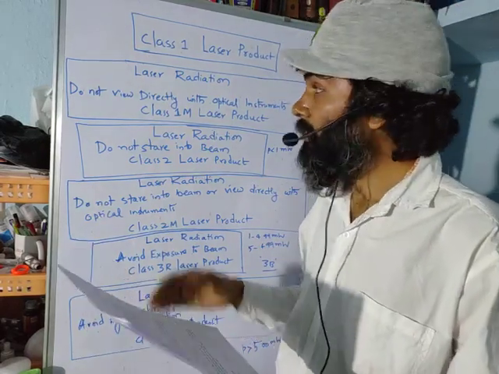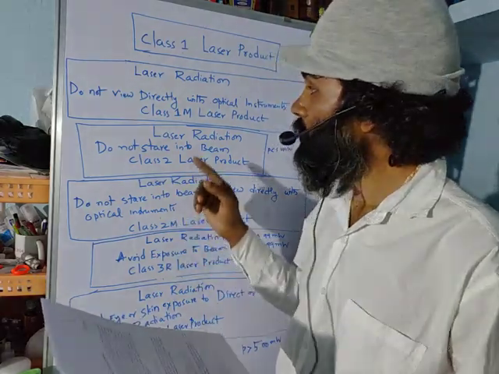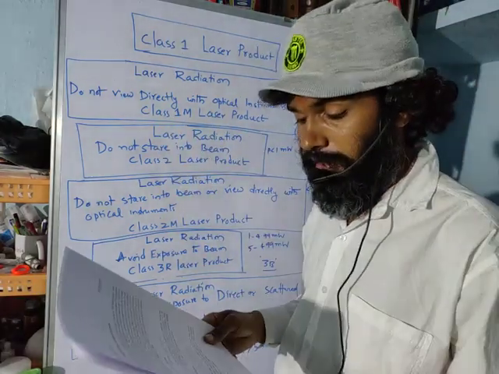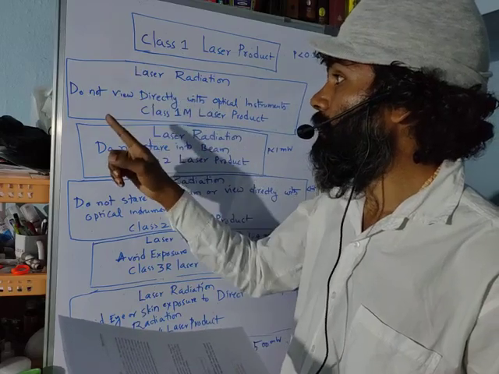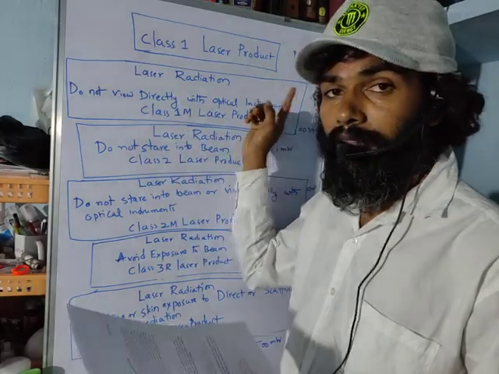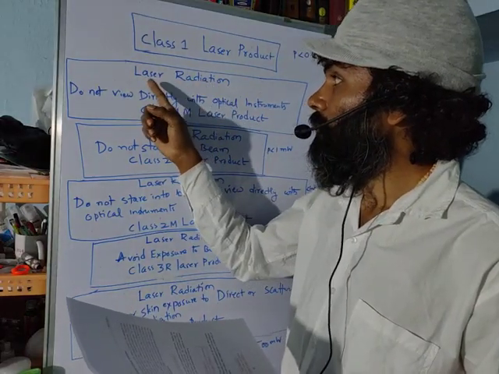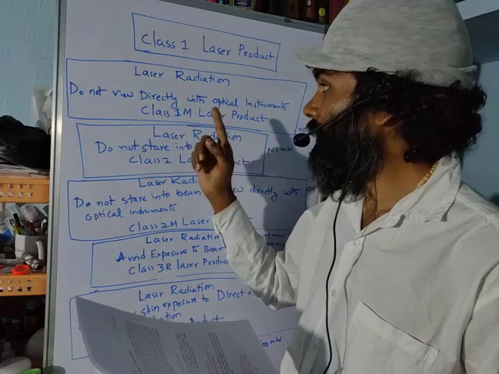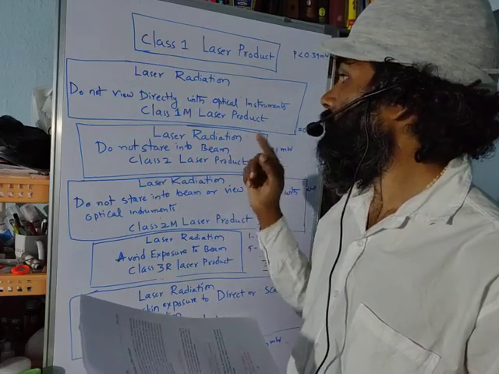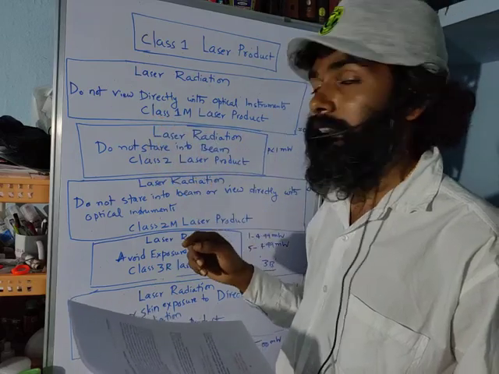Coming to the next class of lasers, which is class 1M lasers, they usually have this safety label. It is in a rectangular box, and I think usually in red color. It reads laser radiation do not view directly with optical instruments, and it also says class 1 laser product.